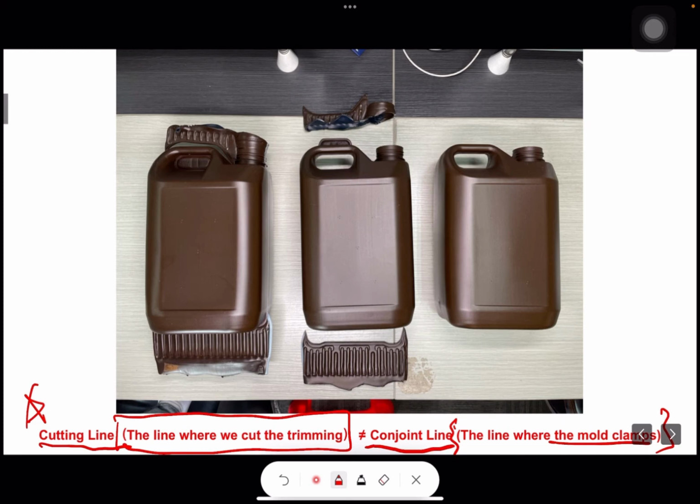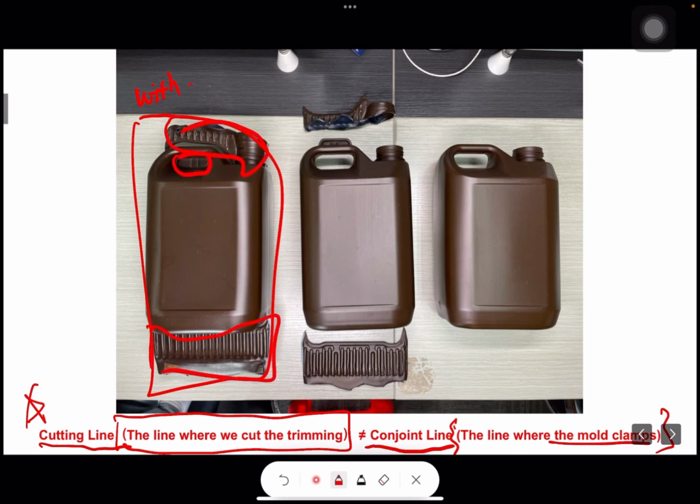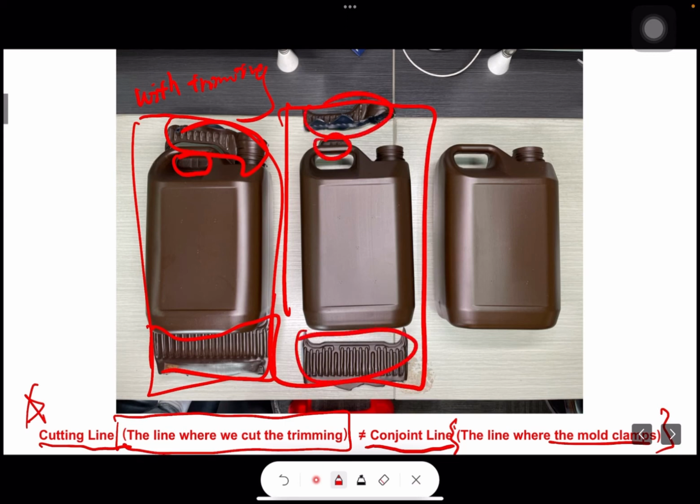There is one same product, but in 3 different phases. First, on the left, this is the bottle with trimming, right? With all this trimming. I draw it here. And don't forget the handle with trimming. The one in the middle, we cut the trimming out.